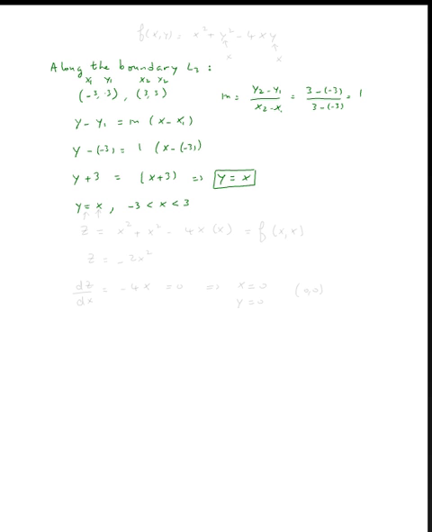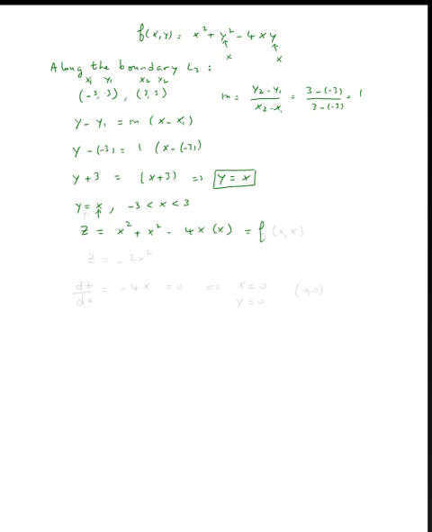Now let me rewrite the function here because we're going to need it. f of x, y is equal x squared plus y squared minus 4xy. Now what do I need to find? I need to find z. So I'm going to plug x for each y. So z will be equal x squared plus x squared minus 4 times x times another x.